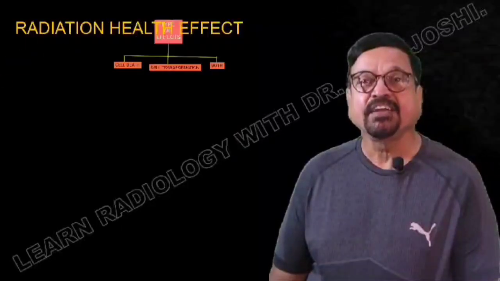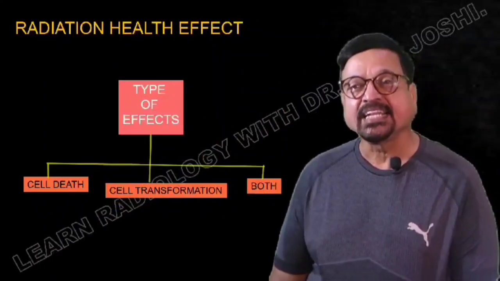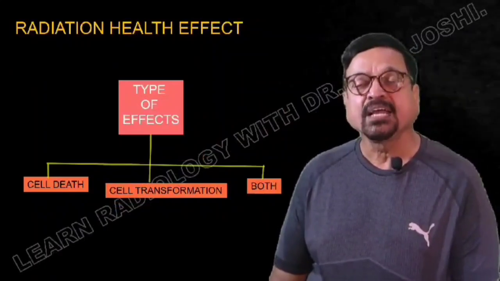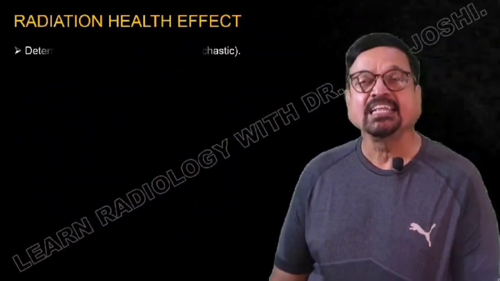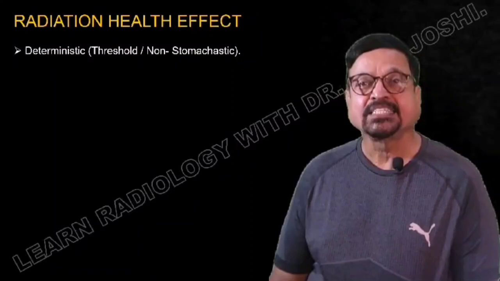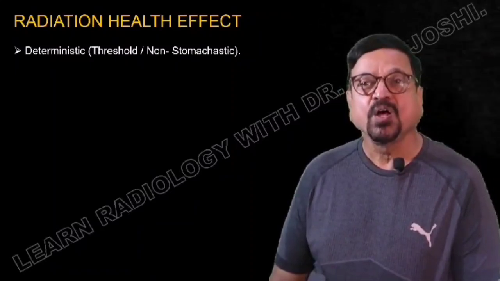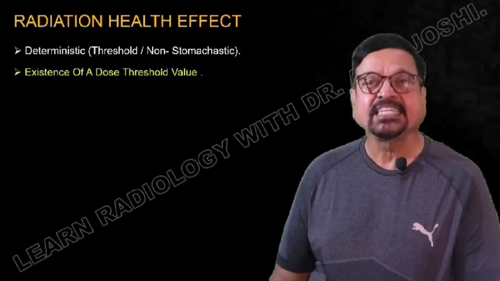The radiation health effects are of three types: cell death, cell transformation, or a combination of both. Now, what are the radiation health effects to continue? These are deterministic, that is, with a threshold, or non-stochastic.